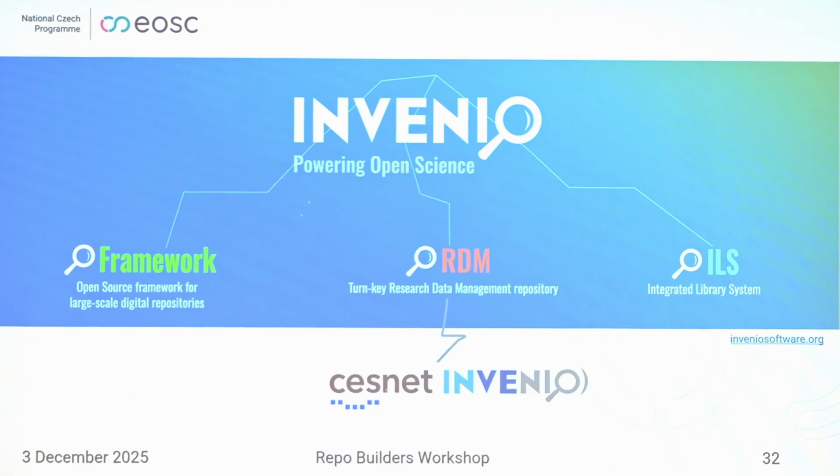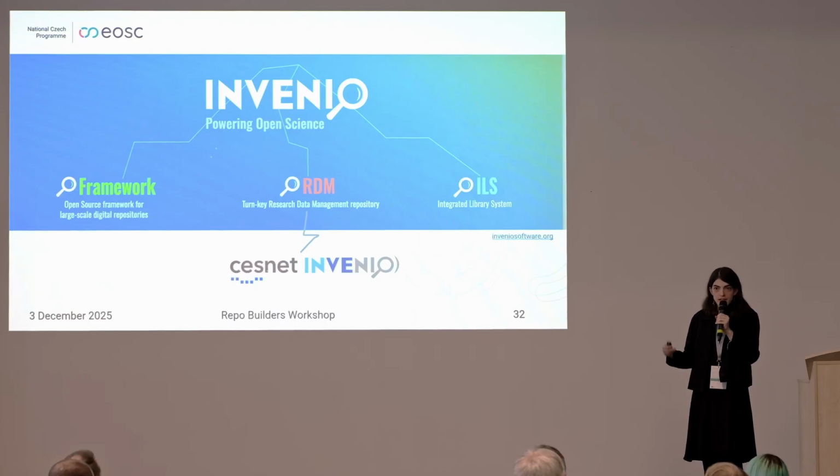So Invenio is a bit of a complex ecosystem. It has a few, let's say, distributions. One is Invenio RDM. That is a pre-configured instance of Invenio with a default data model and components that are specifically useful for research data management.